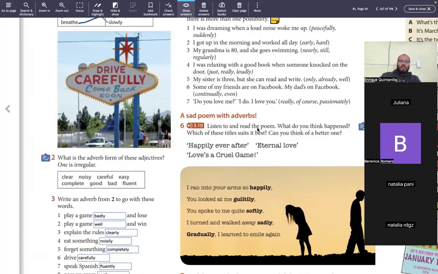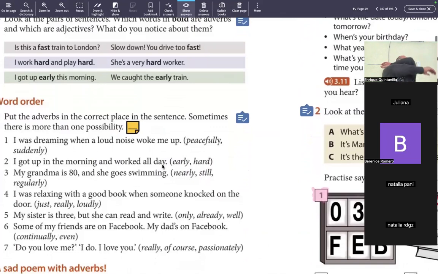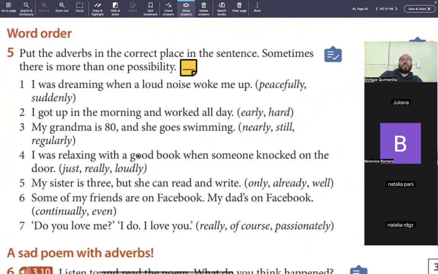Okay, so we continue with the next exercise. Word order. Put the adverbs in the correct place in the sentences. Sometimes there is more than one possibility. So here we have peacefully and suddenly. Let me help you with the first and you do the rest.